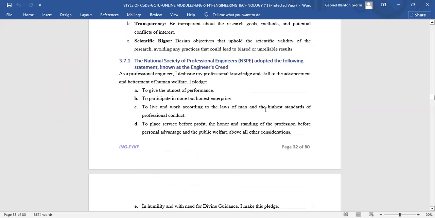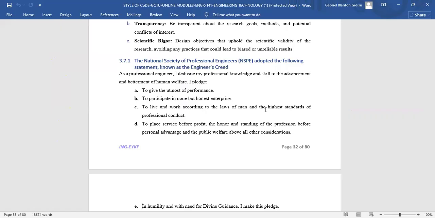So we have the NSPE, and they adopted the following. The following are the criteria, or let's say the creed, for every engineer to follow.